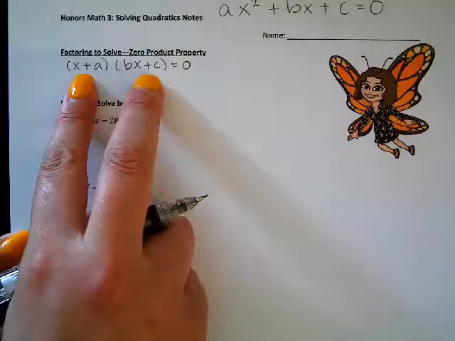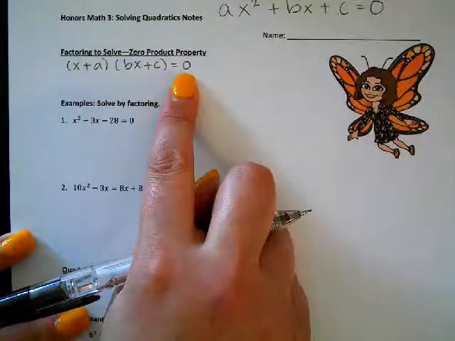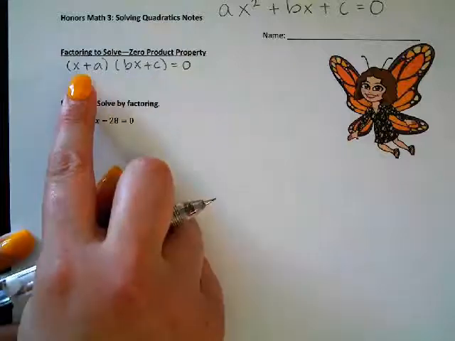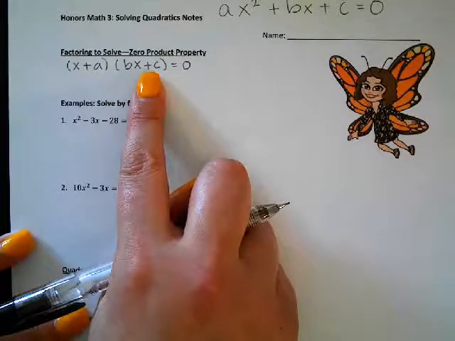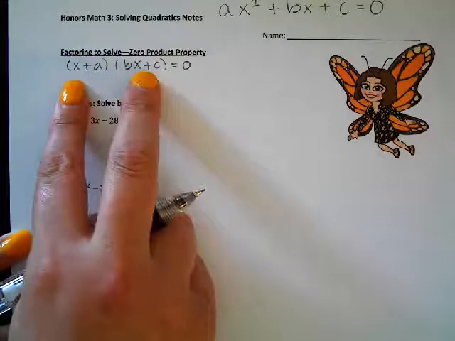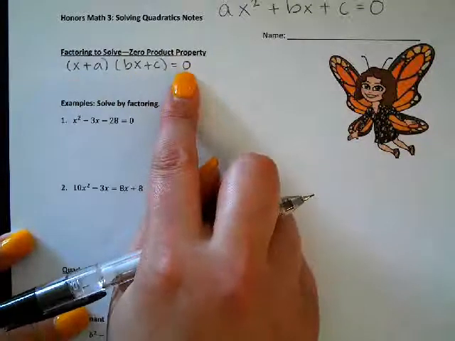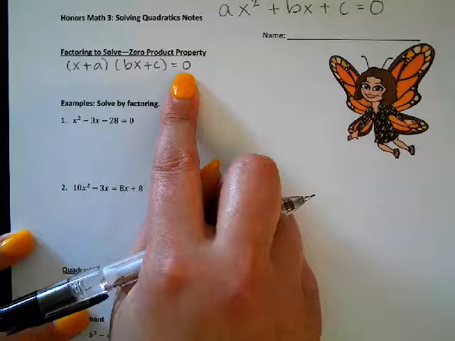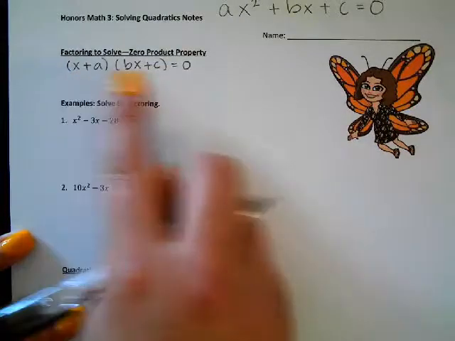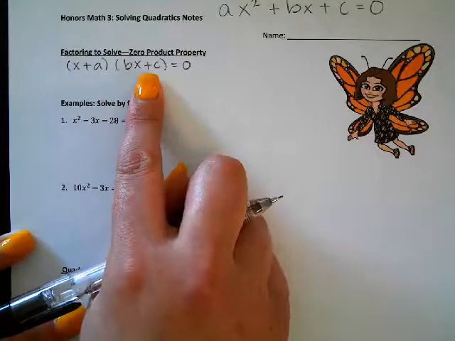When you multiply two numbers together and the result is 0, what that means is that the first number might have been 0, or the second number might have been 0, or both of them might have been 0. And so that's how we go about doing this solving, is we assume that one factor equals 0, or the other factor equals 0, or both.